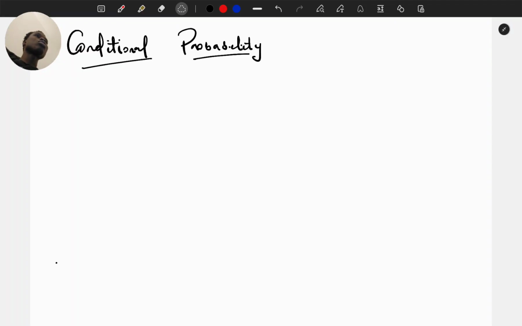So let's see. What is a conditional probability? Let's start with the definition.